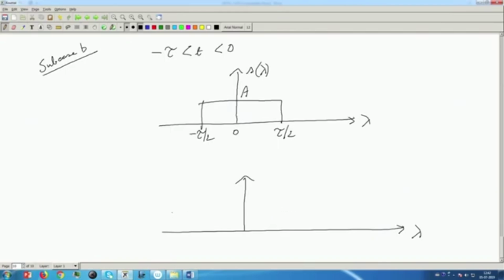Here it will be something like this, here will be tau by 2.